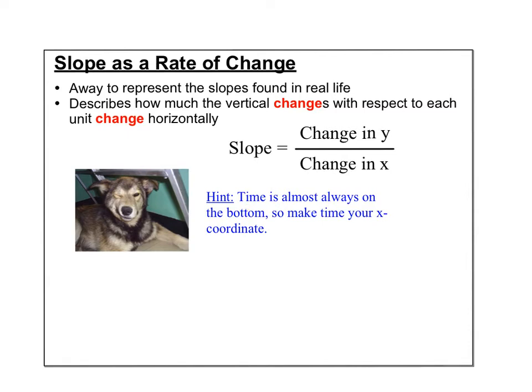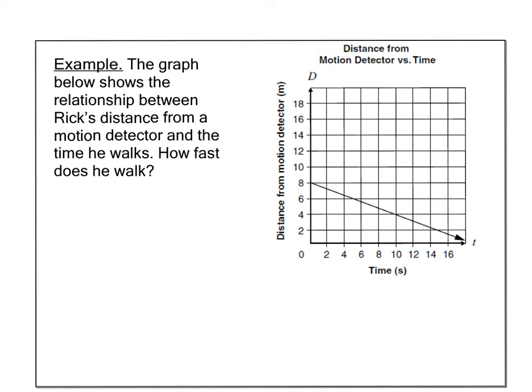And it's important to know that time is almost always on the x-axis, so make sure to make time your x-coordinate. Here we have a graph showing us the distance Rick is from a motion detector and the time it takes him to be at that distance.